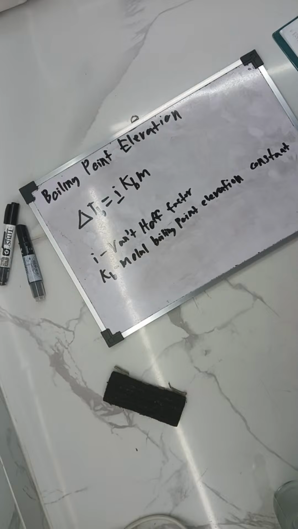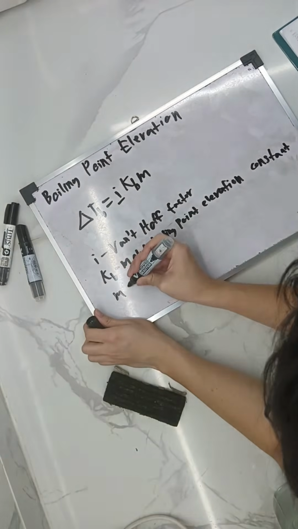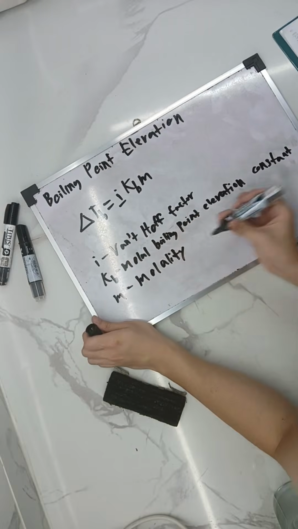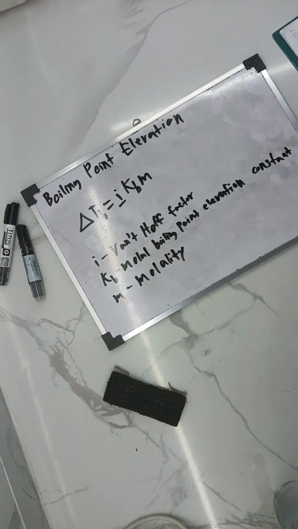And lastly, we have m, which is molality. Now again, molality is a measurement of how many moles there are per kilogram of solvent. So how many moles of a solute are in a kilogram of solvent. So for example, I want to know how many moles of salt are in 1 kilogram of water.